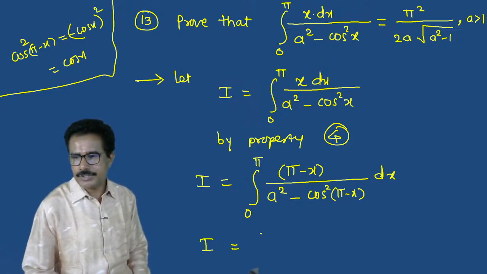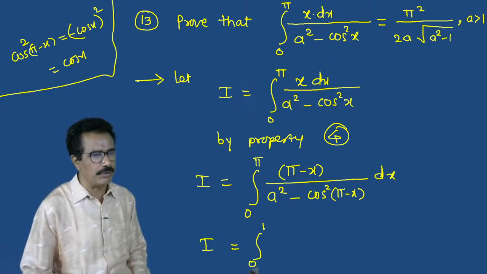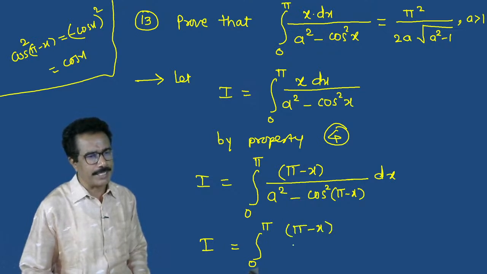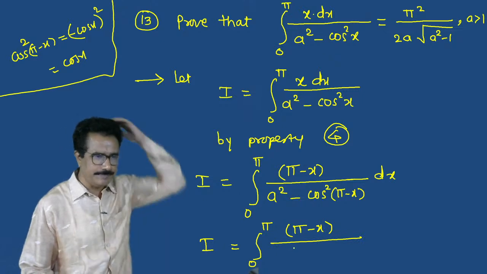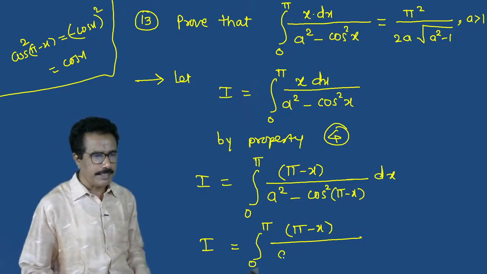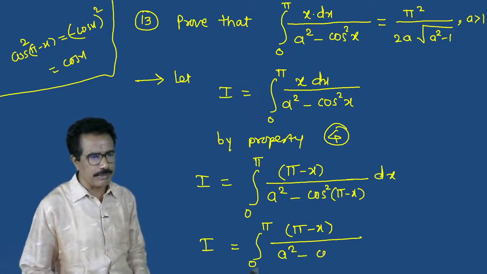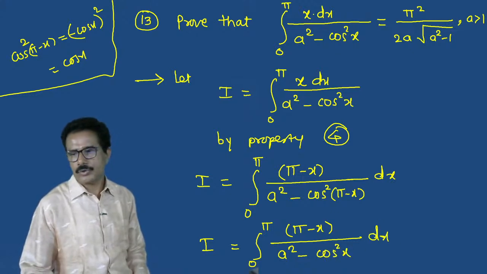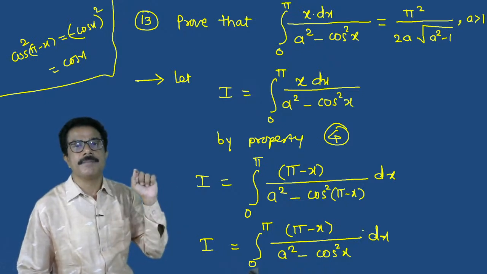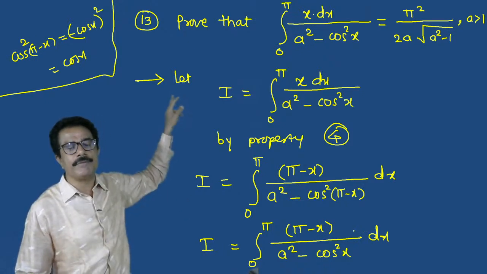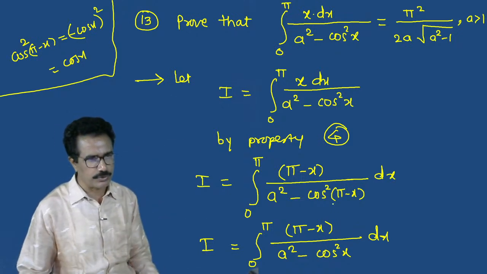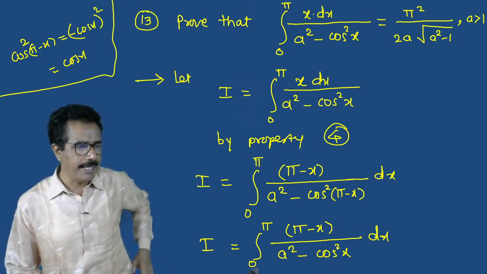So I is equal to integral from 0 to pi of pi minus x divided by a square minus cos square x dx. Okay, cos pi minus x is minus cos x, but its square will be plus. So this will be as it is.